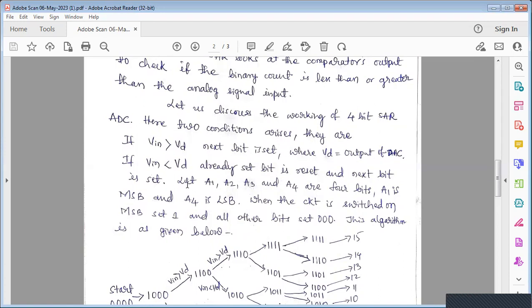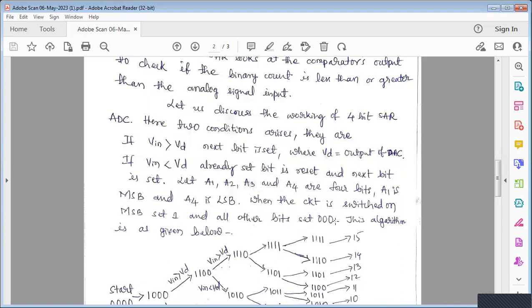Suppose A1, A2, A3, and A4 are the 4 bits. We set A1 as the MSB, the first bit, and A4 is the LSB, the last bit. Initially, before the circuit is switched on, all bits are 0. When the circuit is switched on, the MSB is set to 1, and all other bits are set to 0.